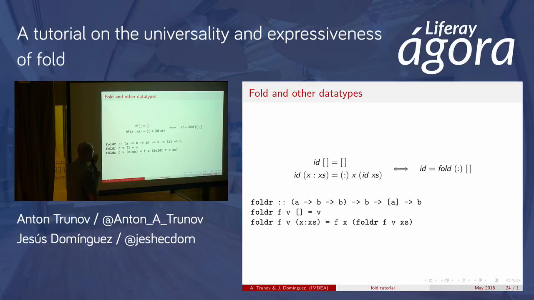Second condition. Let's look at the implementation of fold for lists. It needs to pattern match on the constructors of your data type. Third condition. It needs to recurse over the subcomponents of your data type, which in this case is just the sublist.